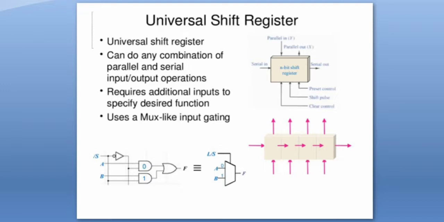If you look at this diagram, this one is the parallel data. In parallel data, more bits will be coming in.